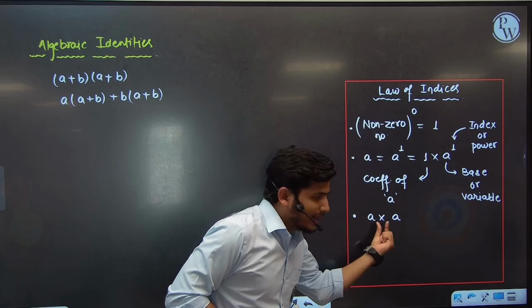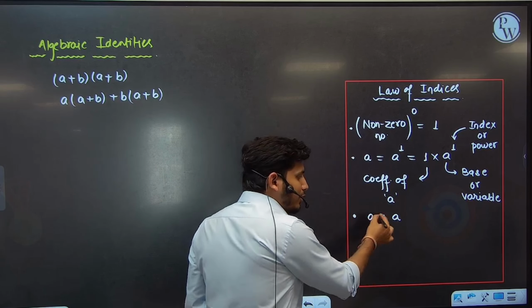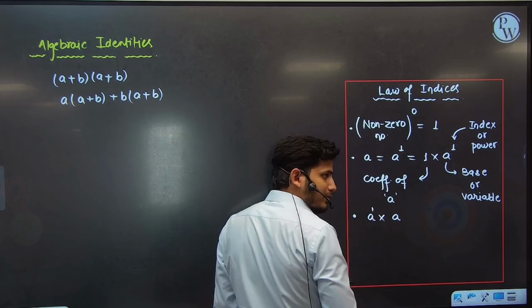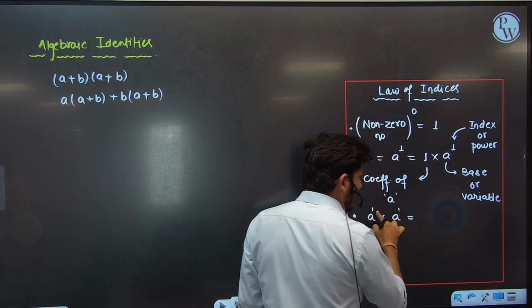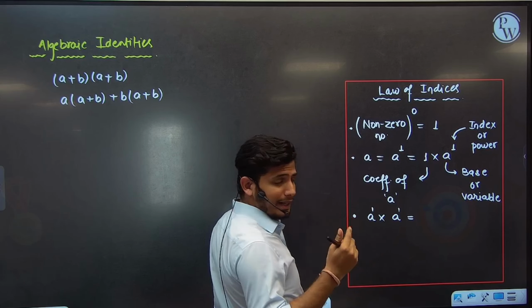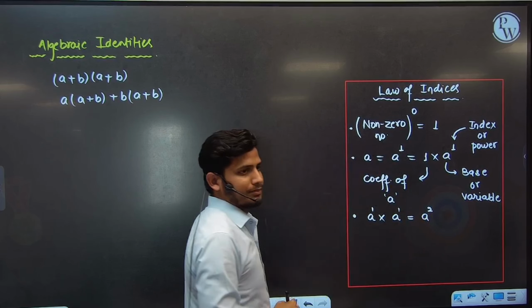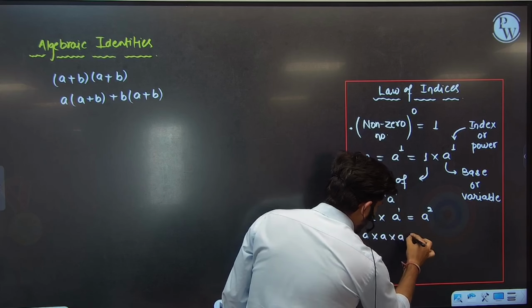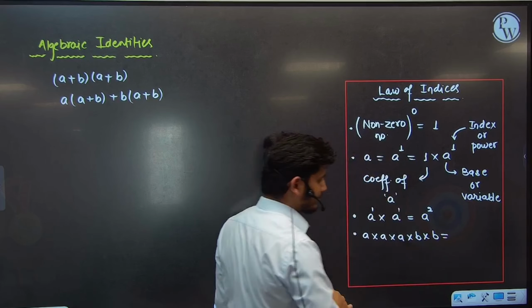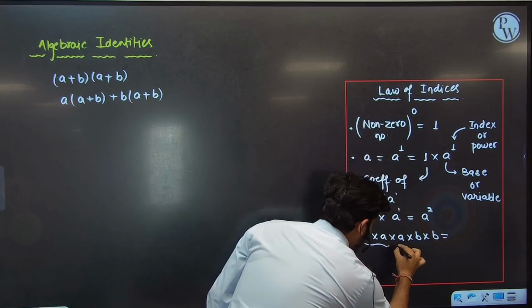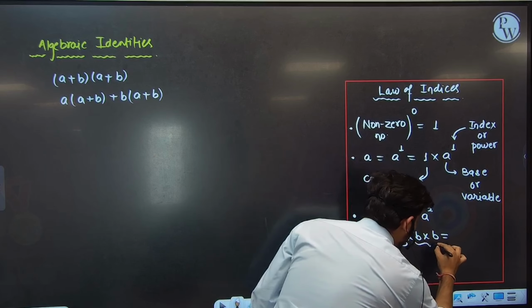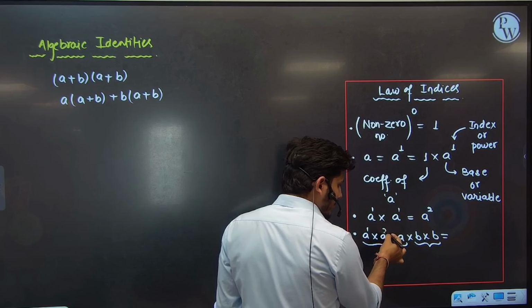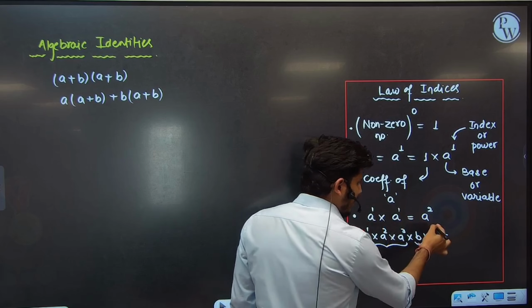Now here the bases are the same, and we want to multiply these two variables. Here the power is 1 and here the power is 1. In the product form, indices are added. So a square. Now a into a into a into b into b. These are the same base and these are another same base. So a to the power, suppose 2, here suppose 3, and here 4.